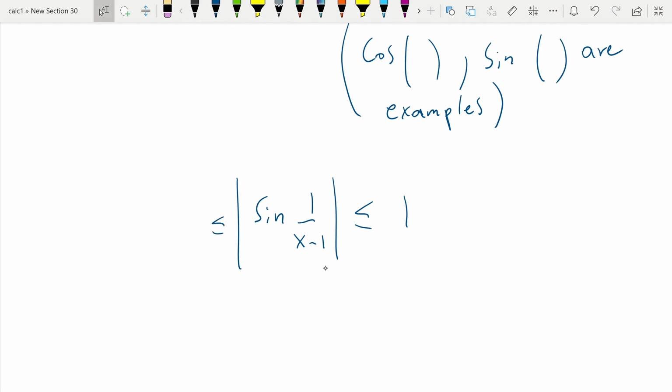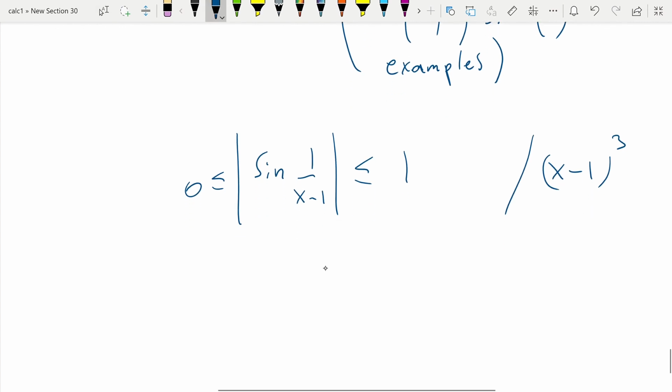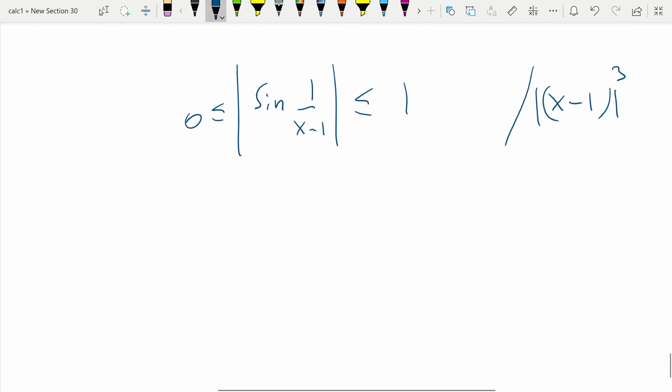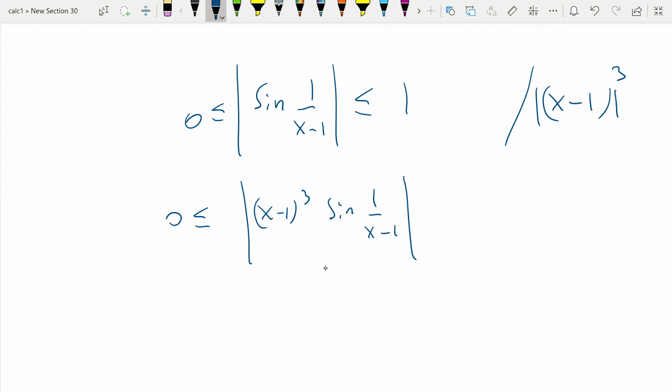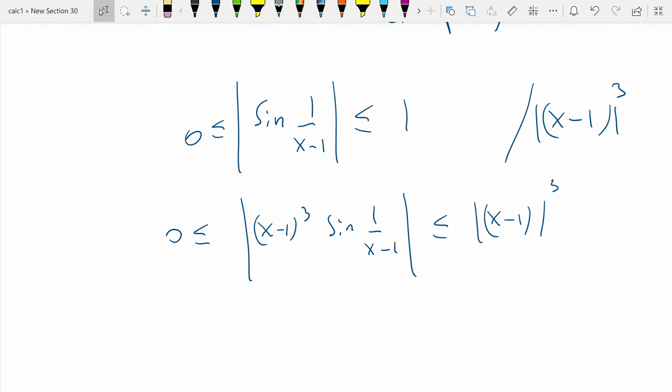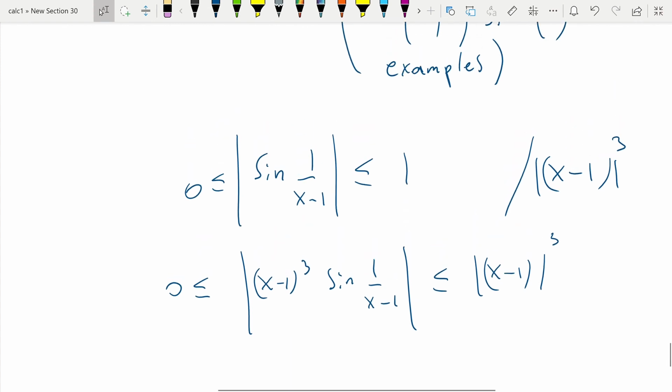So this means that if you multiply also by the absolute value of (x minus 1) cubed, you will be able to say that 0 is less than or equal to the absolute value of (x minus 1) cubed times sine of 1 over x minus 1, which is less than or equal to the absolute value of (x minus 1) cube.